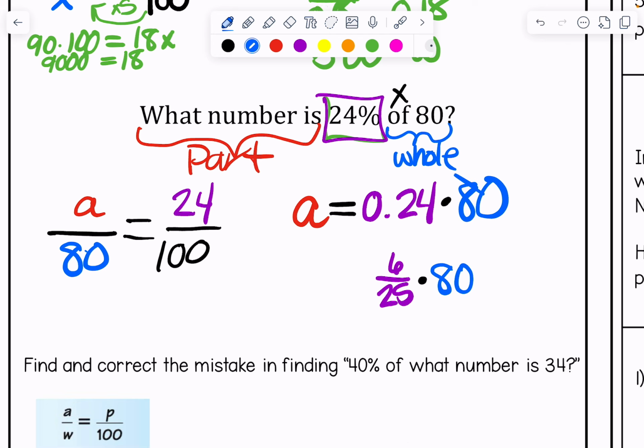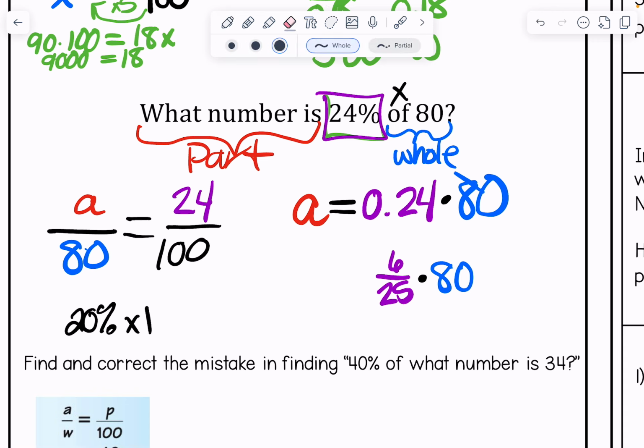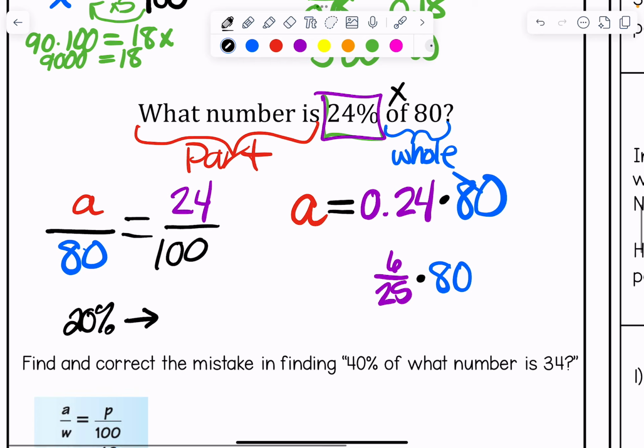Some of you had a problem similar to this, and you were also using your percent shortcuts. So some of you guys were able to figure out, okay, well, 10% of 80 is 8, so 20% was 16. And then once you were able to do that, you figured out 4%, so you knew that 1% was going to be 0.8.